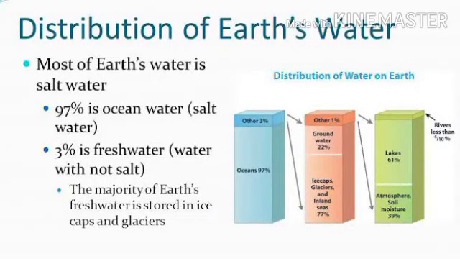Only 3% of water is available, and out of that only 2.5%, and easily available water is only 1%, which is potable. So you have to imagine how difficult it is, and how we should conserve precious water.